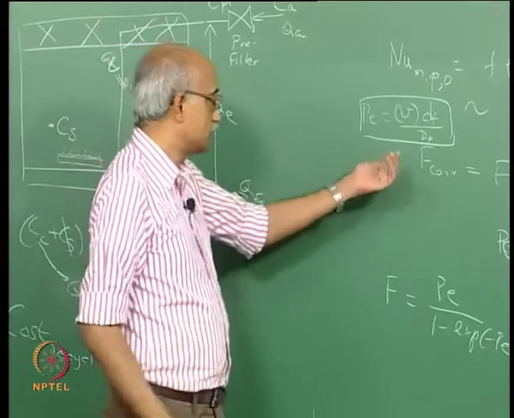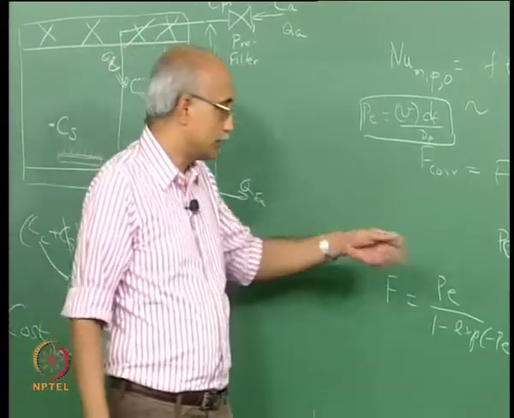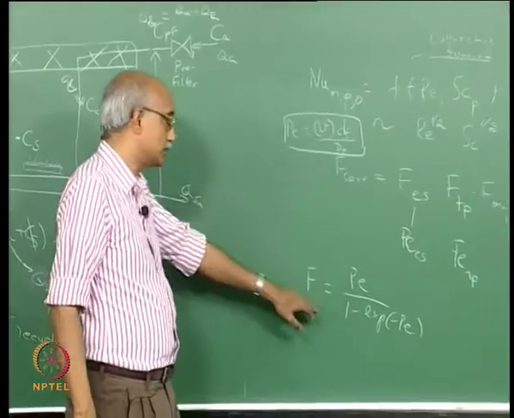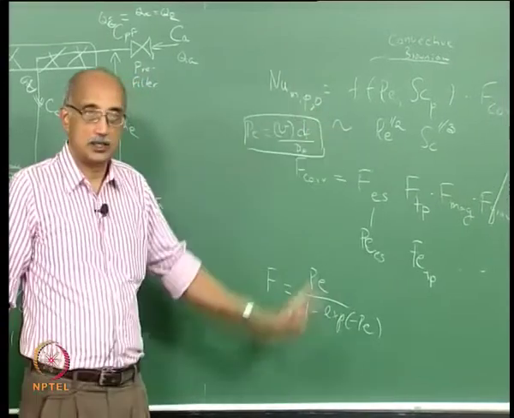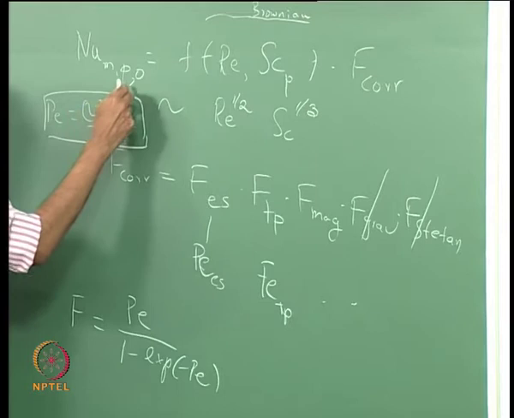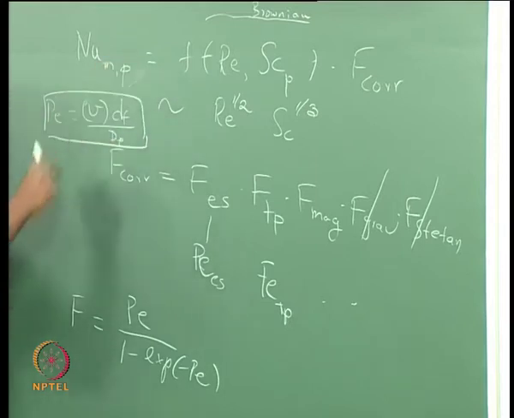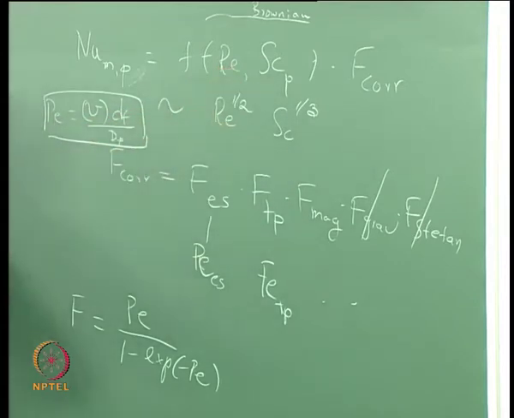So for each of these you calculate or measure the corresponding velocities, develop the Peclet numbers, and from the Peclet numbers you arrive at the correction factors, and then you apply that to the Nusselt number to get the actual, prevailing Nusselt number, which is the multiple of the convective plus Brownian portion of the Nusselt number times these correction factors.